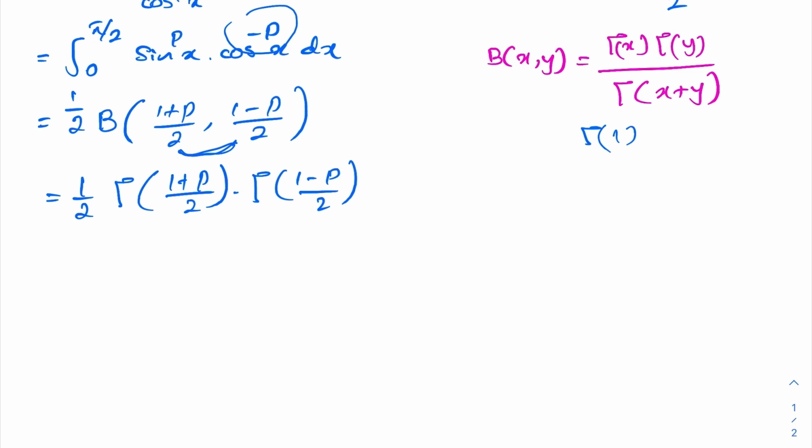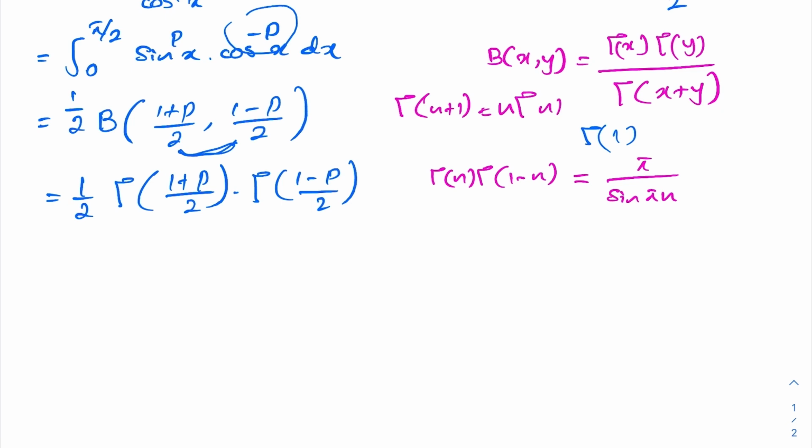Now I am going to recall Euler's reflection formula. We know gamma of n times gamma of 1 minus n is equal to pi over sine of pi n. Also we know gamma of n plus 1 is equal to n times gamma of n.